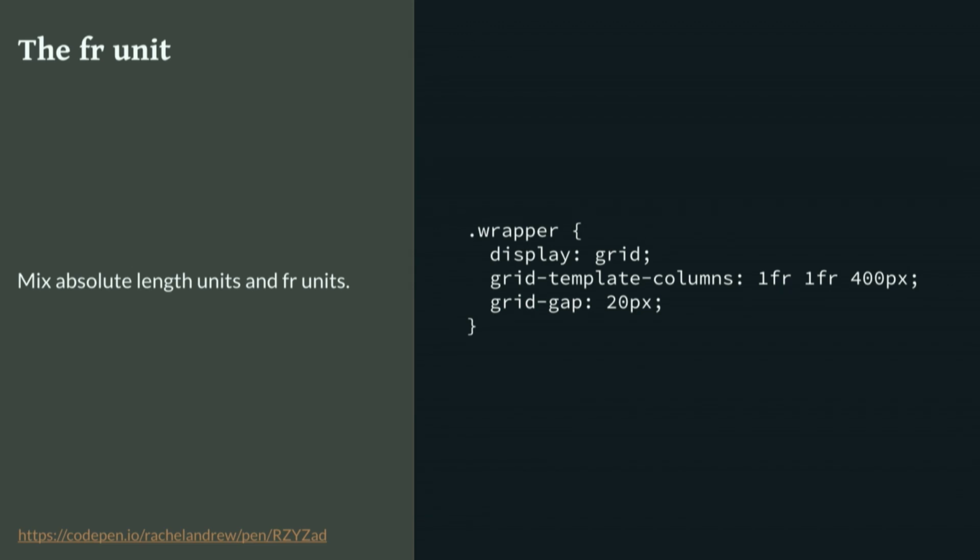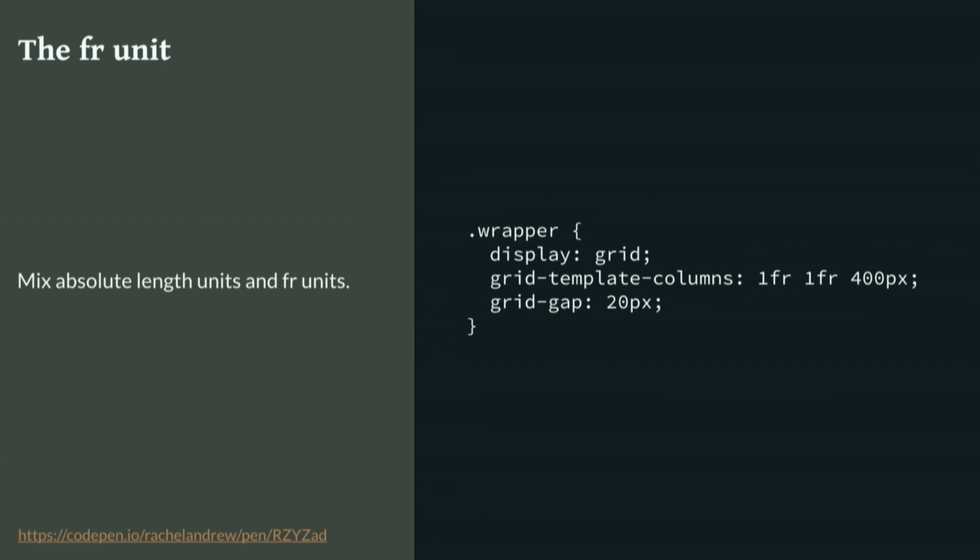Now, what's really nice about these FR units, because they're distributing available space, you can mix them with fixed length units. Now, you can already see I've got a gap in there, which is 20 pixels, so that's taken away from the available space before we distribute the tracks. But we can also have tracks that have got a fixed size. So here I'm saying I'd like to have a 1FR track, another 1FR track, and then a 400 pixel track.